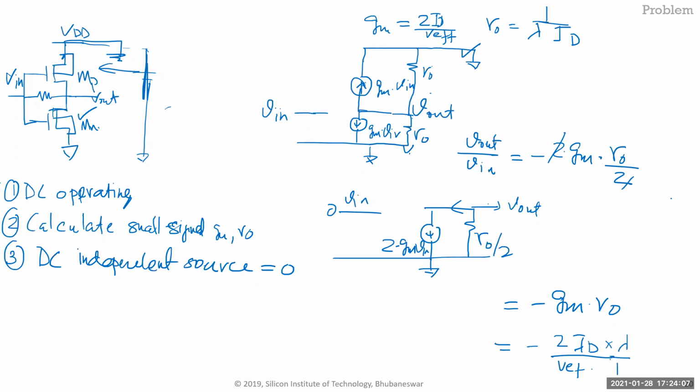R naught is 1 over lambda ID, so ID cancels. So the gain is equal to minus 2 over V effective times lambda.